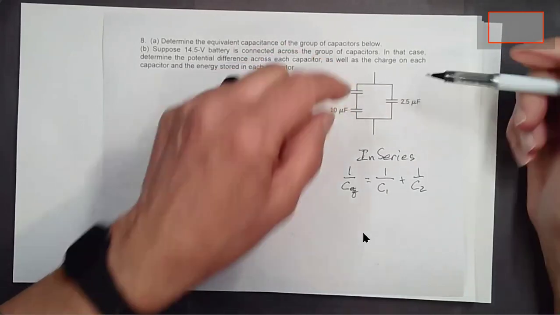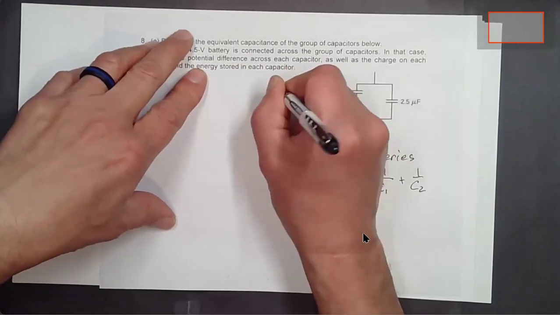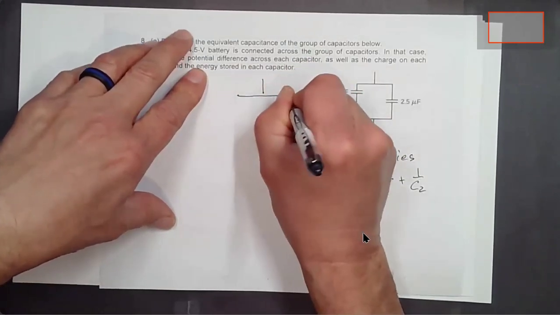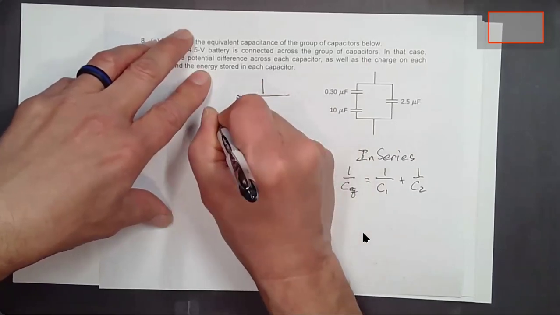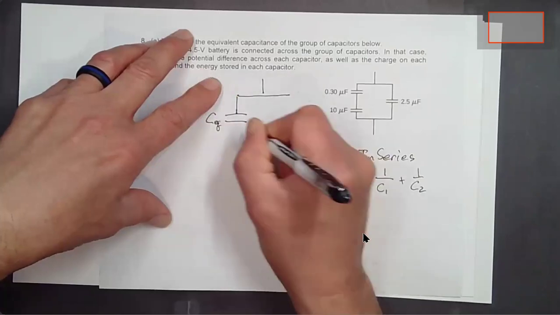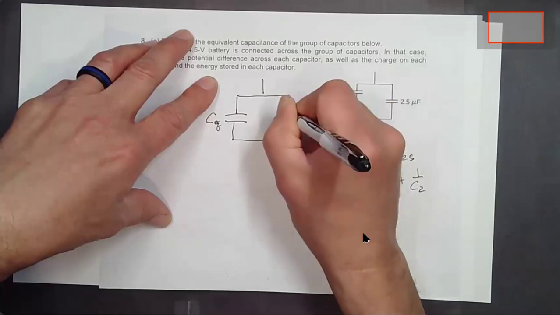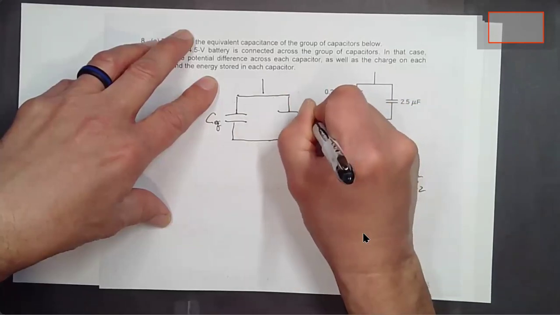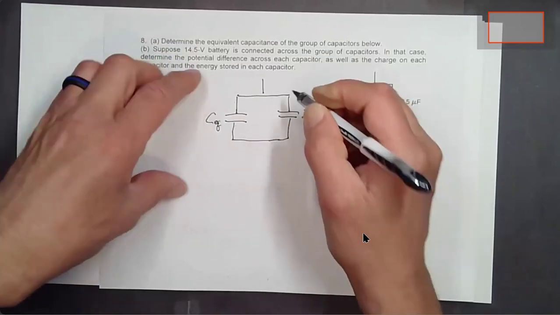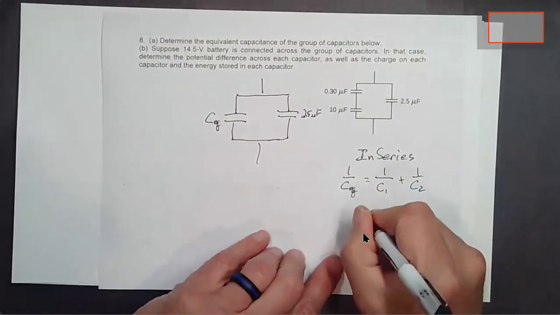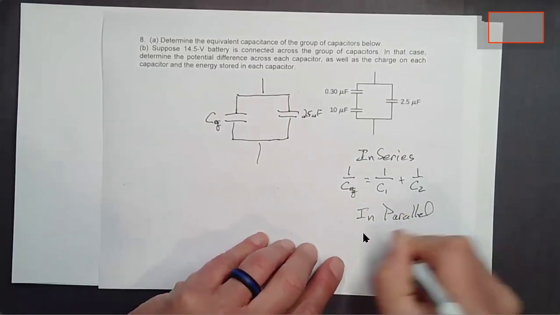And then we'll have two capacitors in parallel. And so as we go through these steps, we'll have an equivalent capacitor for those two parallel ones. And then we've still got the 2.5 microfarad capacitor here. And we'll have these two in parallel, but in parallel, it's easier.